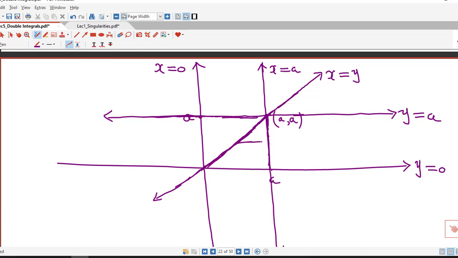So we will consider this area, not this area, because x starts from x equal to y and goes up to x equal to a, and y is between 0 and a. So this is the region of integration. We are able to sketch the region of integration easily.